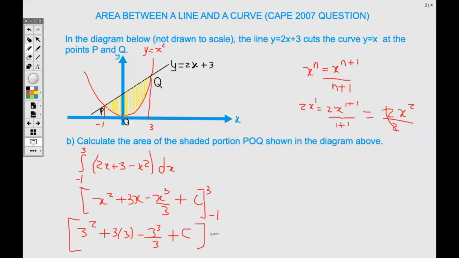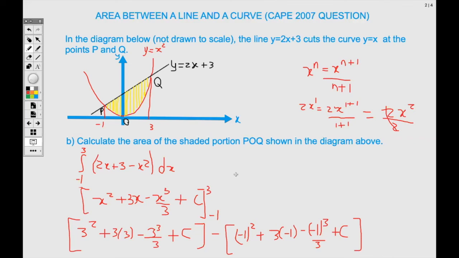Then you minus, substituting the lower limit. So we're going to have negative 1 squared, but this part I'm going to put in brackets. So you have negative 1 squared plus 3 times negative 1, minus negative 1 cubed all over 3, plus constant.